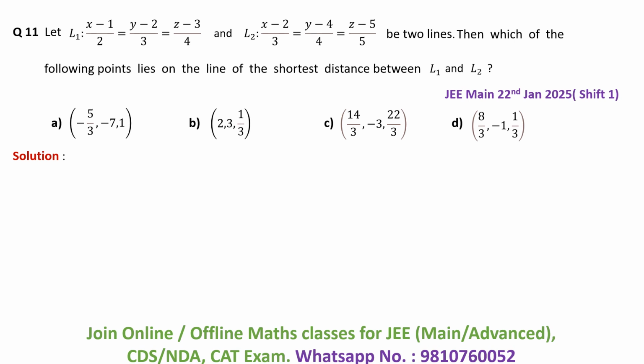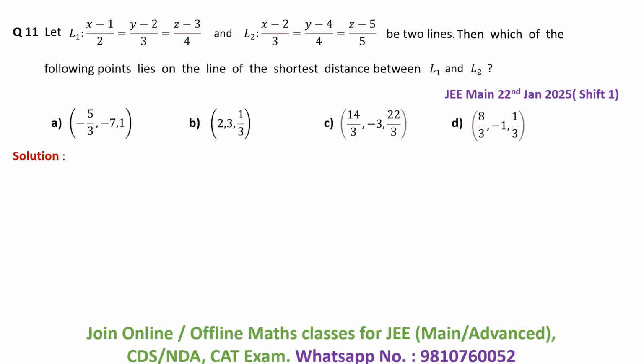Now students, this question is based on the topic of three-dimensional geometry. It says, let L1: (x − 1)/2 = (y − 2)/3 = (z − 3)/4 and L2: (x − 2)/3 = (y − 4)/4 = (z − 5)/5 be two lines, then which of the following points lies on the line of the shortest distance between L1 and L2?